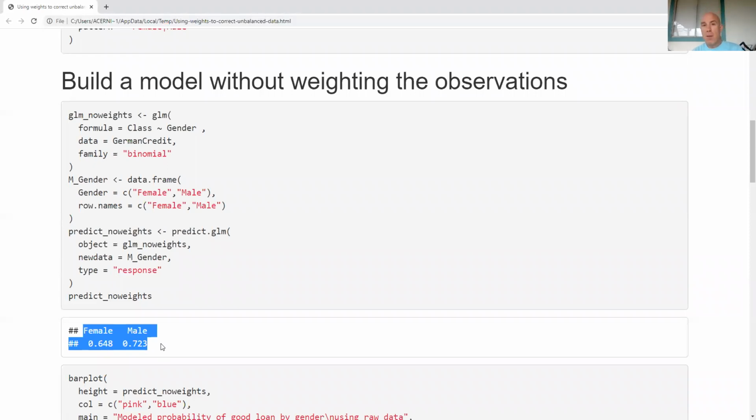We can see that this is modeling 65% of female loans will be good, and 72% of loans to males will be good. This is much lower than 0.98. So if I use the data as is without making any adjustments, any probabilities that I get would be very, very pessimistic.